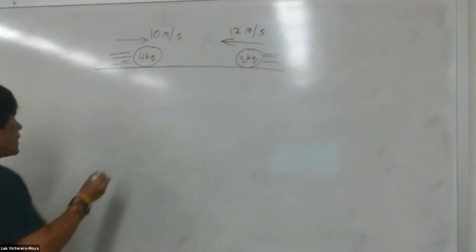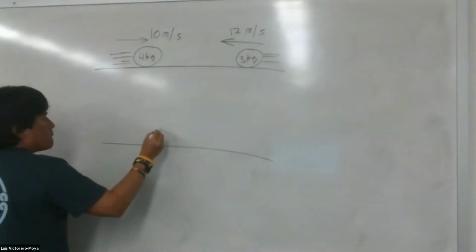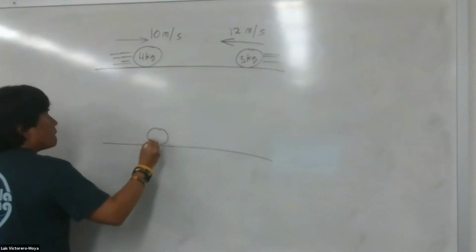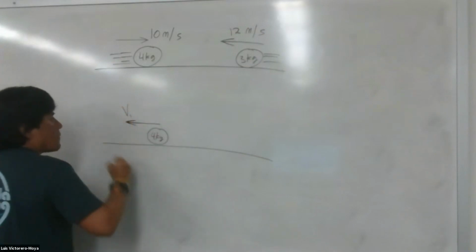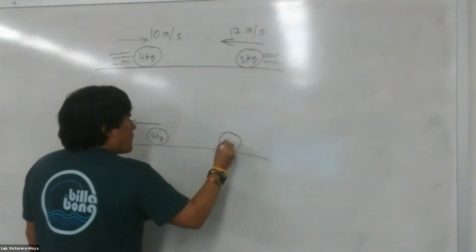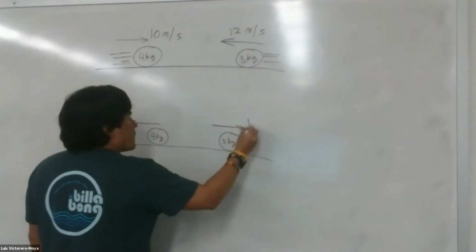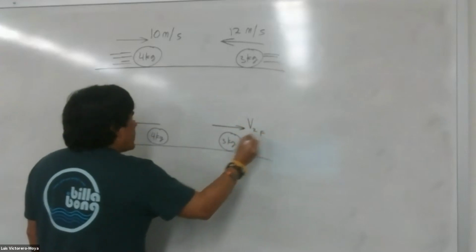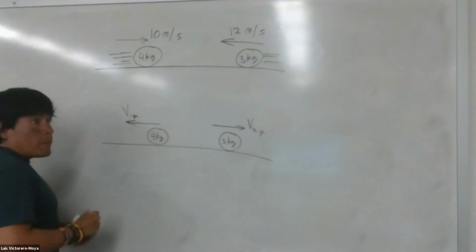That's before the collision. After the collision, let's say you have this and this: V2 final, V1 final. You want to find both velocities.